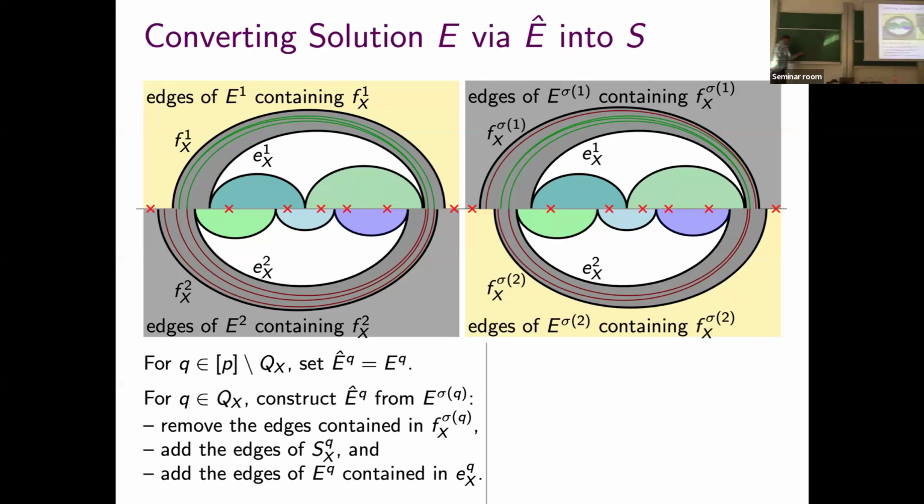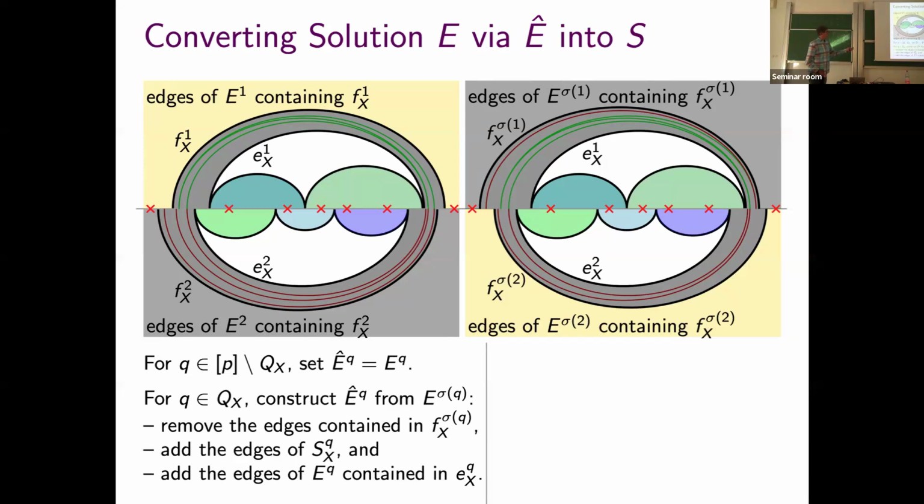We put that back into the solution, but the main thing is we changed everything that was below FX by our solution and the old stuff. And we do this for all the pages that have edges that bridge X.